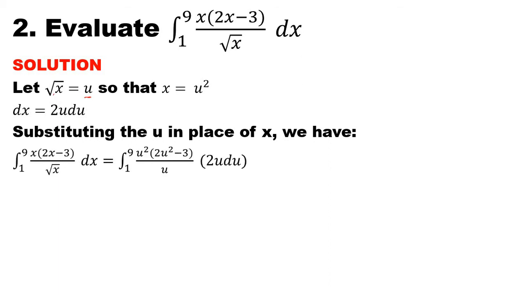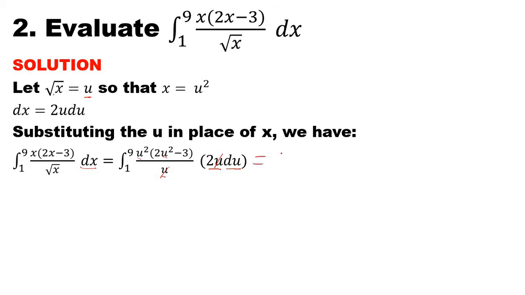Now let's substitute u in place of x in the given integral. So our x now is u squared, our root x is u, and dx is now 2u du. This can cancel out, this cancels out, and then I will multiply.